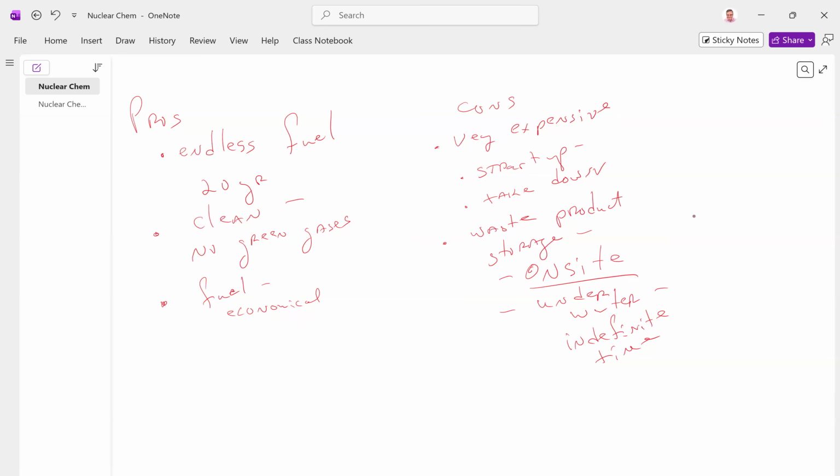The other problem is they're not well secured. Not well secured. That means they have one guard, if any, securing these waste fuel rods.